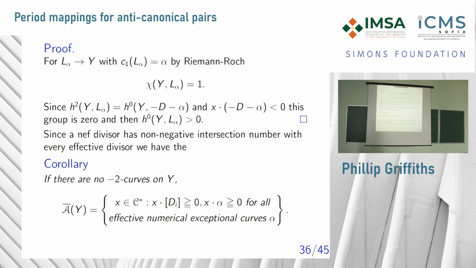Okay. So then, if there are no -2 curves, then you identify the effective numerical curves geometrically. So this is how you go from numerical data to geometric data.